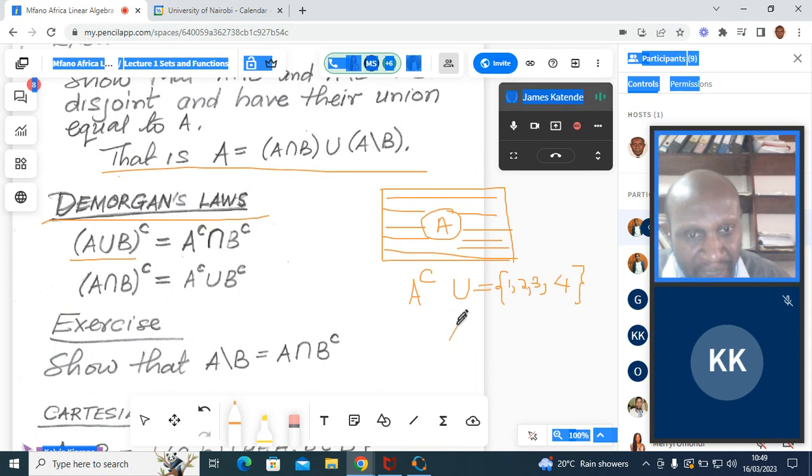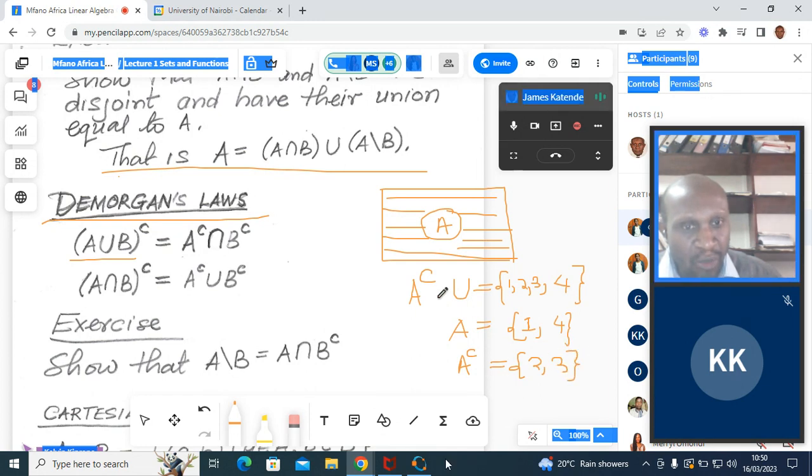Then I pick a subset of this. Let's say it contains only 1 and 4. So the complement of A, since we know the universal set that it comes from, will simply be the elements that are outside A. So in this case, the complement of A will be 2 and 3. But we're able to do that because we know the universal set.